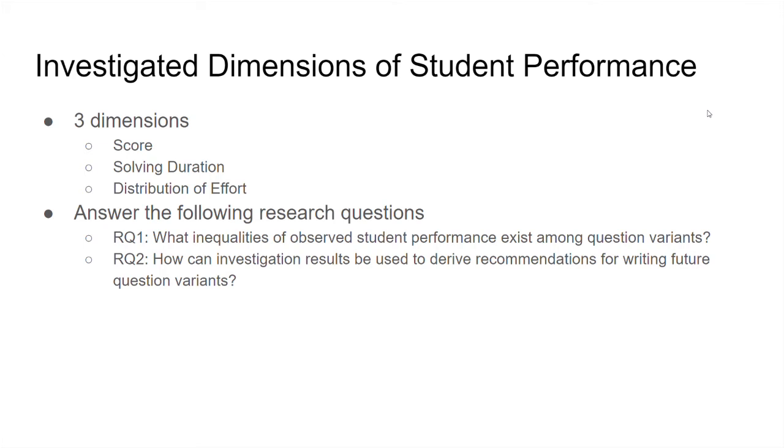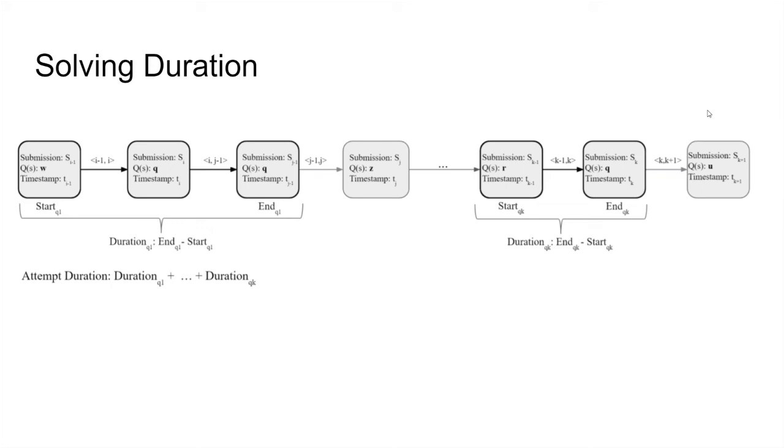And how can an investigation results be used to derive recommendations for writing future question variants? For score, we consider the overall distribution of the highest scores of those who attempted a variant at least once and test for statistical significance. For solving duration, we calculate the attempt duration, which details of that process can be found in the paper, and then test for statistical significance.